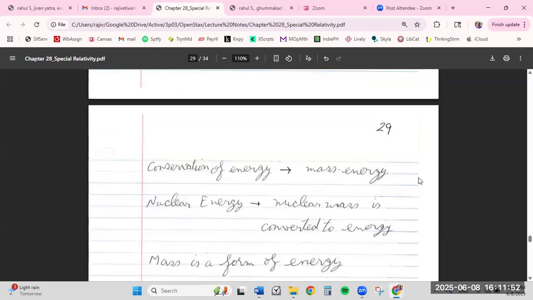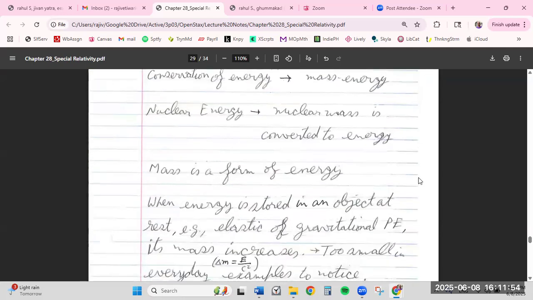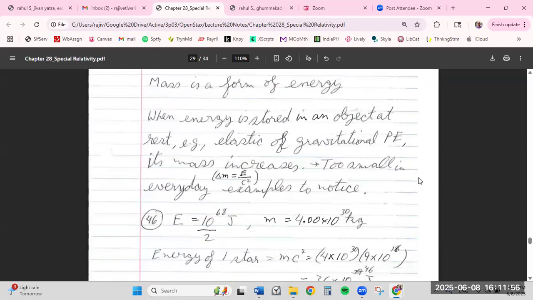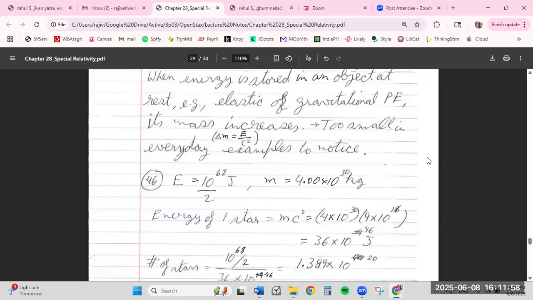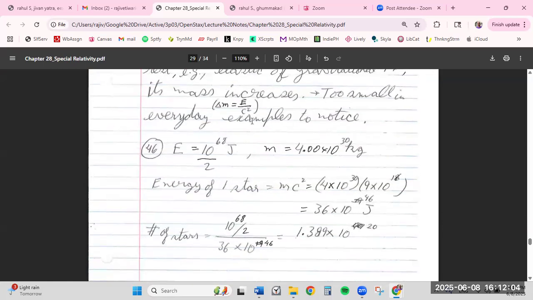So even though there is some amount of increase in mass if an object has potential energy, it's too small. That increase is too small to observe in everyday life. But this is how you can calculate the increase in mass. It's the potential energy divided by c squared.